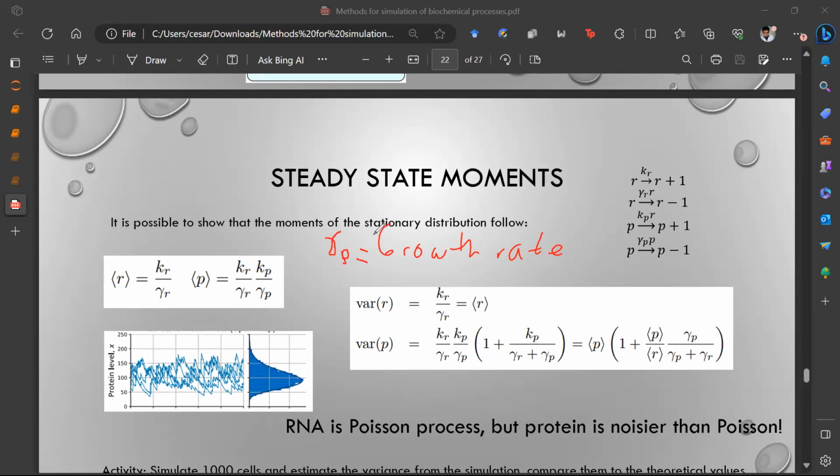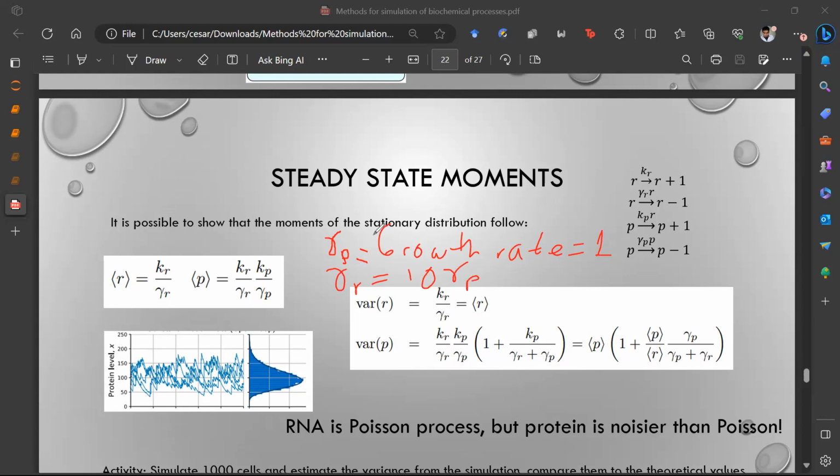So let's say that the growth rate is 1. So gamma R is going to be around 10 times gamma P, because the RNA dilutes approximately 10 times faster than the growth rate.